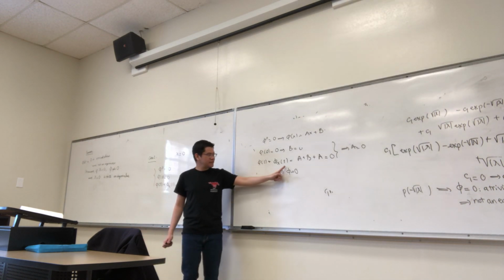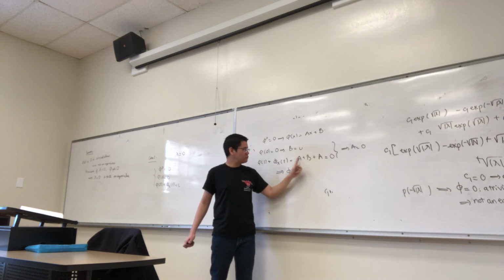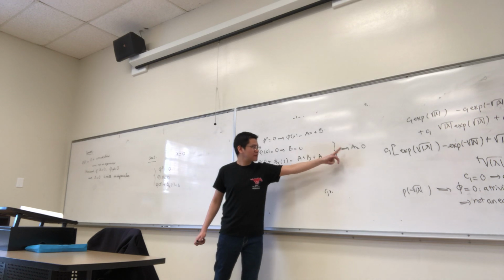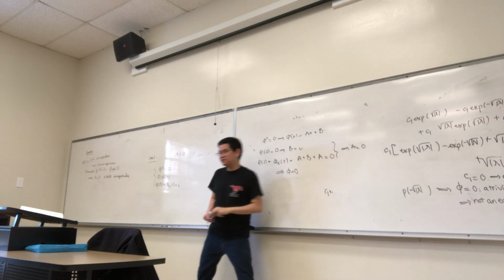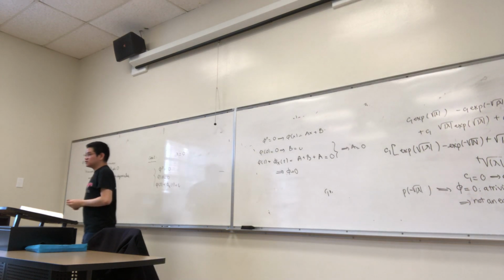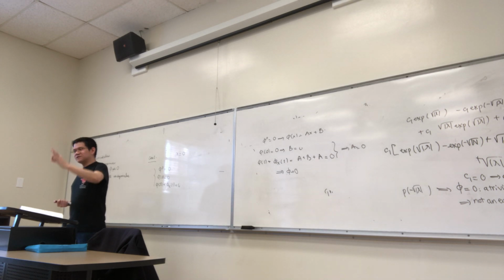You have phi(1) plus phi'(1). So phi(1) is a plus b, phi'(1) is a. So you have 2a plus b is 0. But a is 0, so b is 0. b is 0, so a is 0. Which means that you have a trivial solution. So again, a function which is 0 is never an eigenvector. But the number 0 can be an eigenvalue, right?